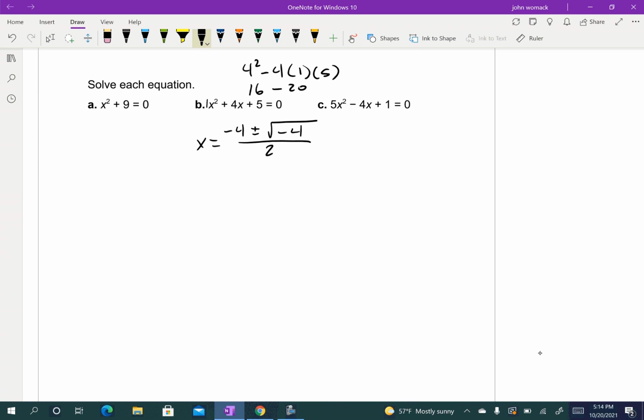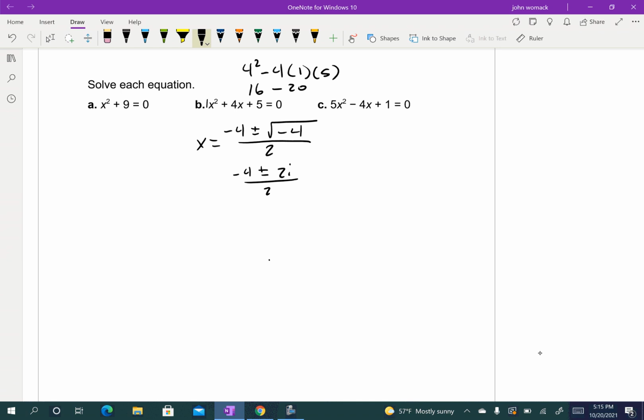Okay, so right away we can see this is not going to have real solutions. It's going to have imaginary solutions because I have the square root of a negative. Let's simplify the square root of negative 4. That would be i times the square root of positive 4. The square root of positive 4 is 2. Okay, so it comes out to be 2i. So now I have negative 4 plus or minus 2i all over 2. Okay, last thing is there's a factor on top that cancels with the factor on the bottom, right?